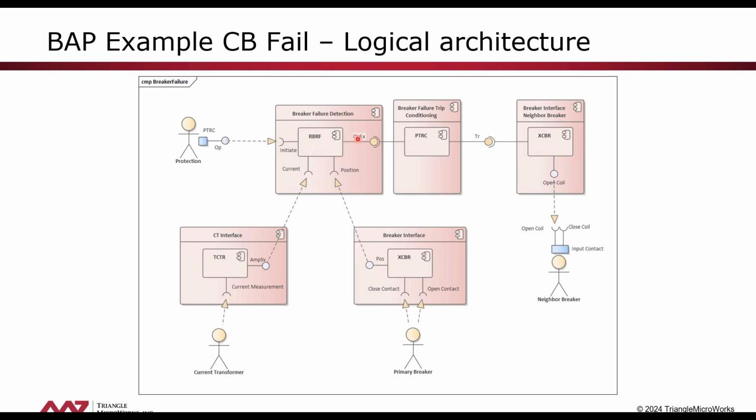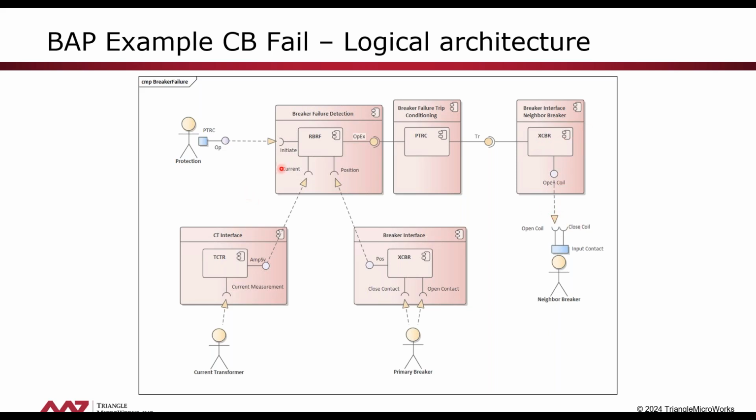From here, we have a signal OpX in the case of an external trip that goes to a trip conditioning logical node. We have position from the breaker interface coming in.